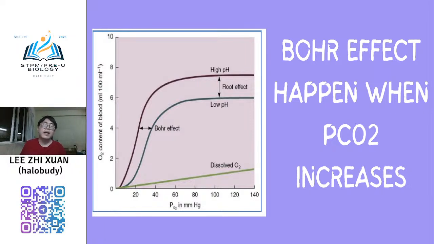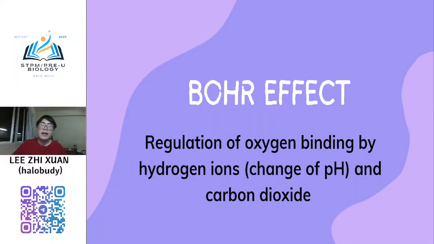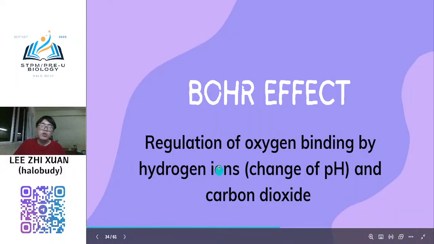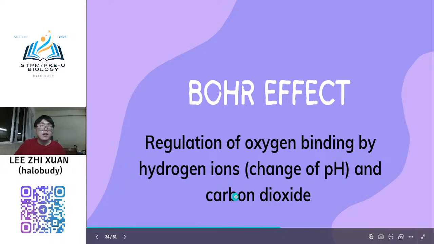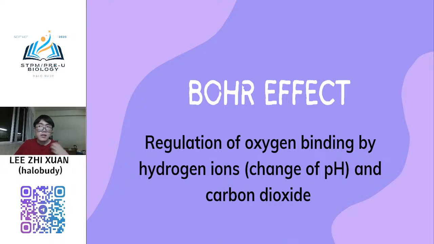In the bicarbonate ion pathway, the final products are bicarbonate ion and also hydrogen ion. So when the carbon dioxide in your blood increases, your hydrogen ion will also increase, and this will lower your pH value.